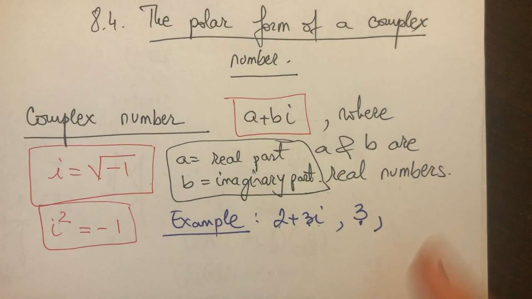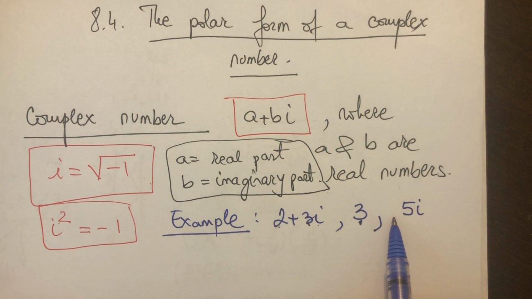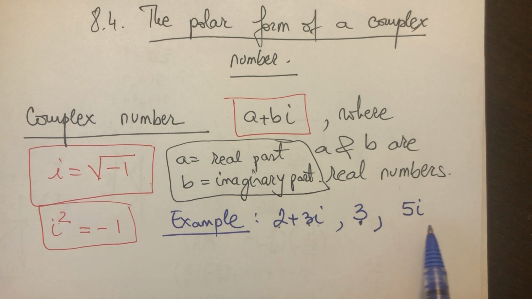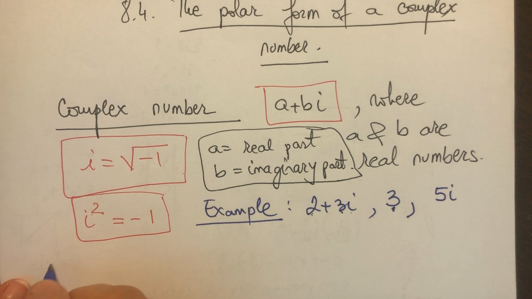In the same way, we can have numbers that have 0 real parts. This one has 5 imaginary parts, so it's a pure imaginary number, one that has no real part to it.